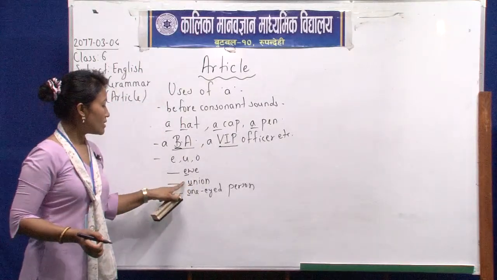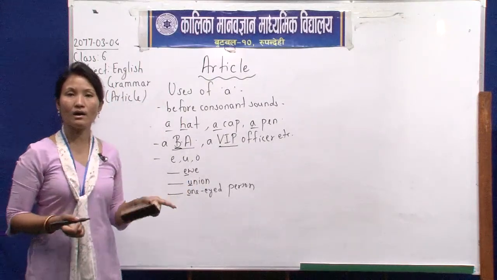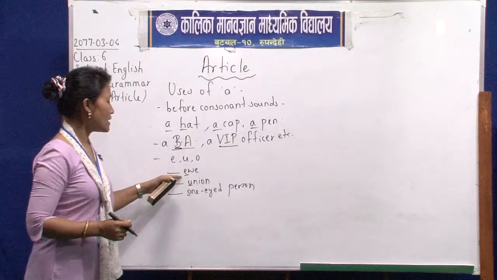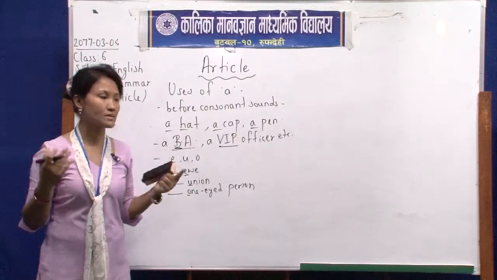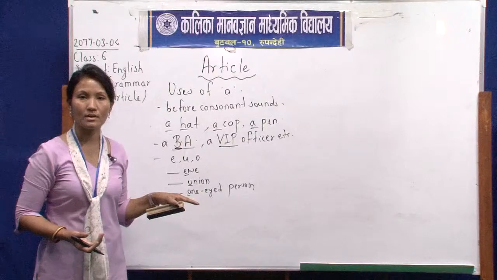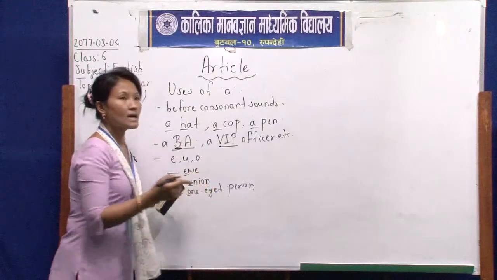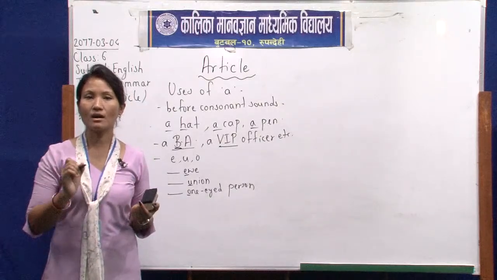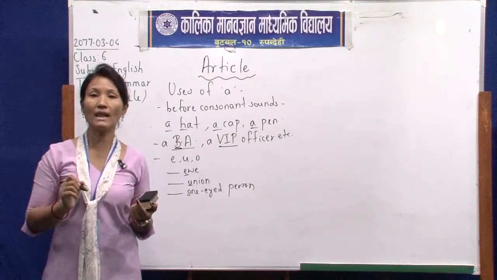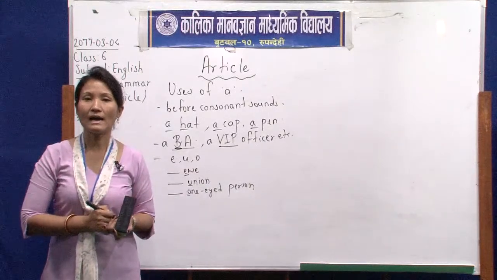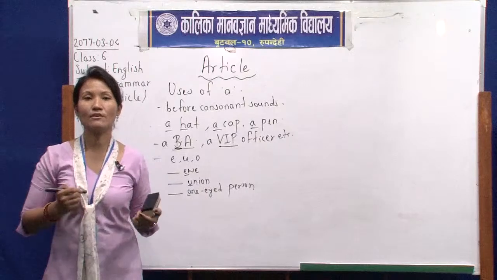Now you cannot use a or an by looking at the first letter only. What you have to do is listen to the sound. What is the pronunciation of this? U. That means, I'd like to give one more piece of information: in the Nepali language, ka, kha, ga, gha, nga, these are all consonant sounds, and a, e, u are vowels.